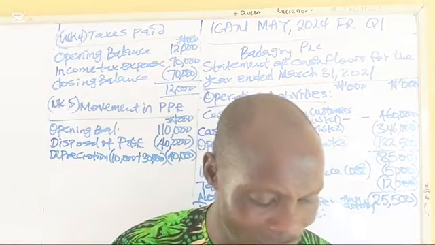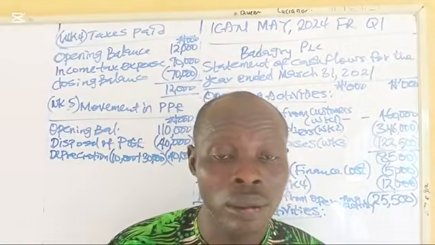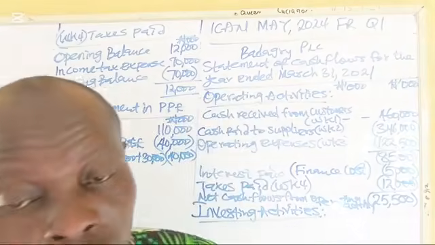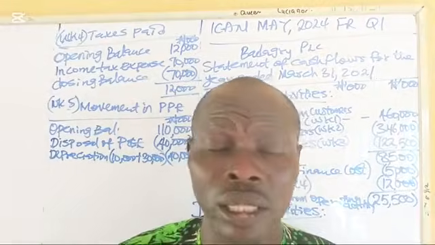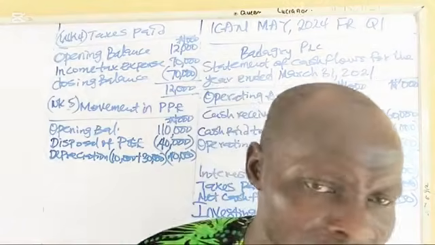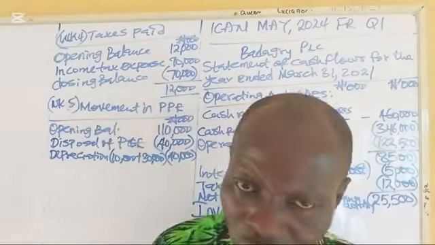I have a question. That's PPE on the trial balance. How do we know that it's on carrying amount? It's not in the trial balance. It's in the statement of financial position.